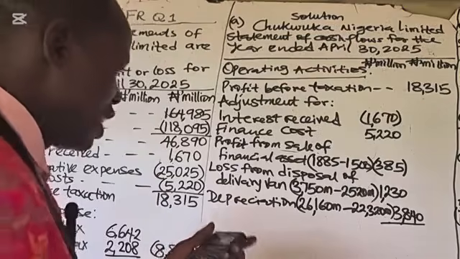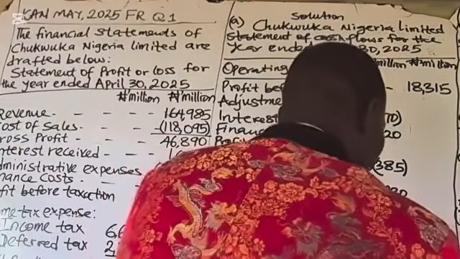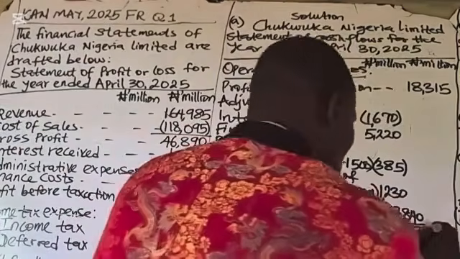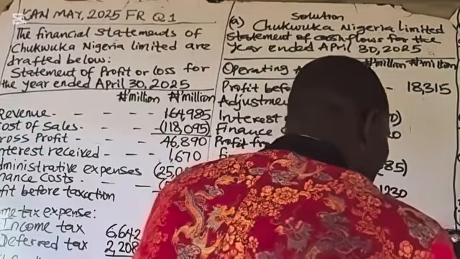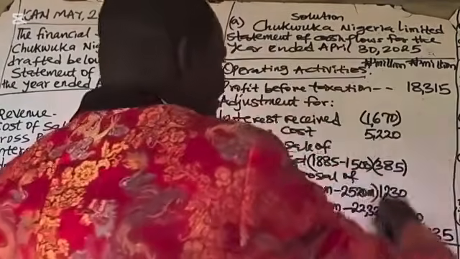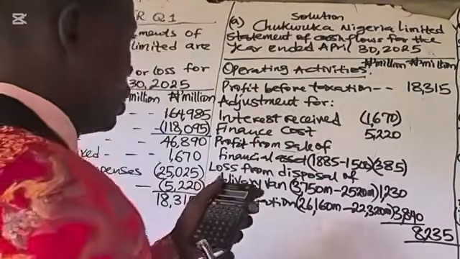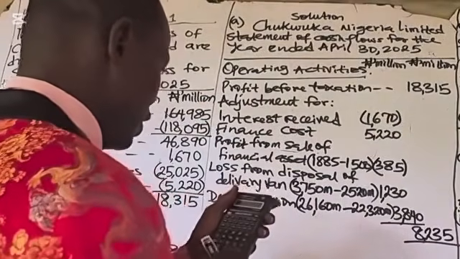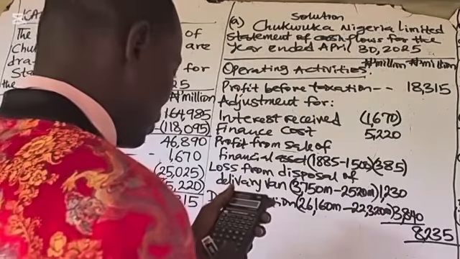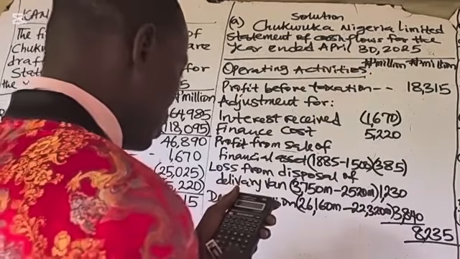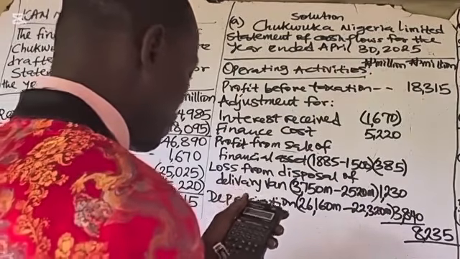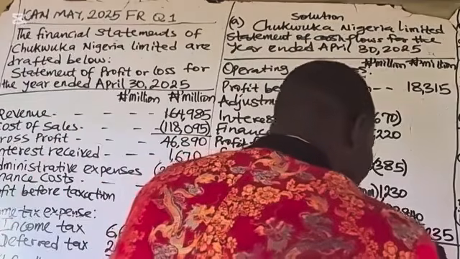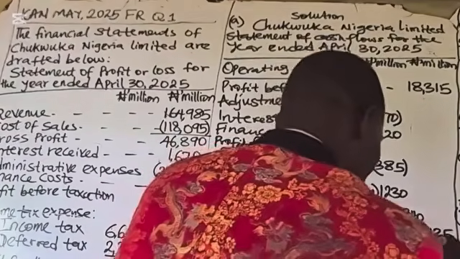Then you have 8,235. That is the addition of these. If you add these two, 18,315, then you have 26,550.